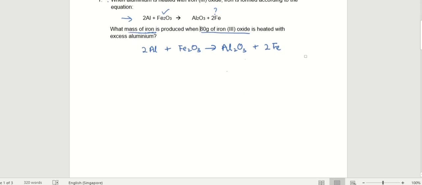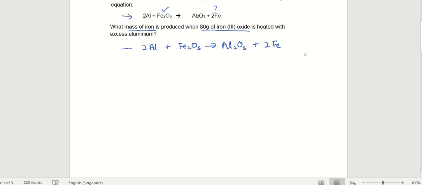From the given chemical equation, you can see that 2 moles of aluminium reacts with 1 mole of iron trioxide. If there's no number written in front of the compound, it means it is 1 mole. So 2 moles of aluminium reacts with 1 mole of iron trioxide to give you 1 mole of aluminium oxide and 2 moles of iron.